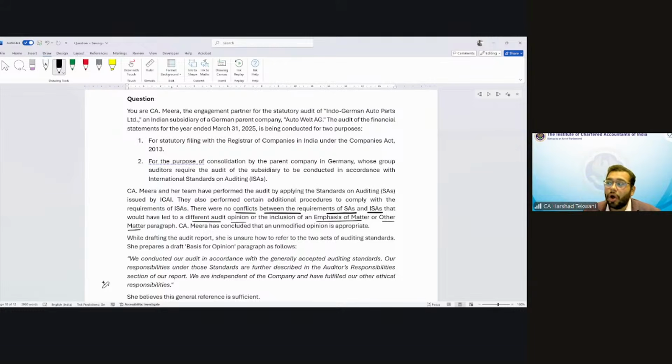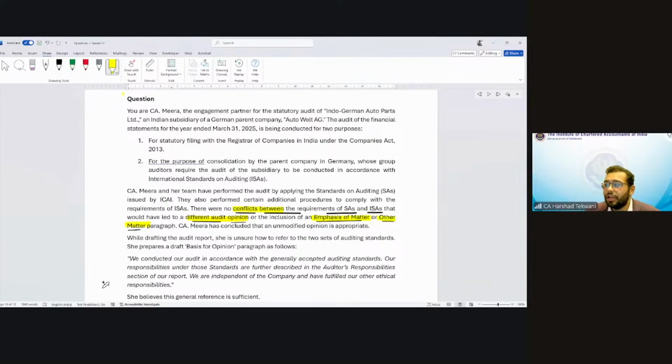So in this case, the auditor's report may refer to the SA in addition to the ISA, or auditing standards of another jurisdiction, but only and only if these conditions are satisfied. First, no conflict. Second, no different opinion. Third, no EOM or OM paragraph. Fourth, an important condition is the minimum set of elements of the audit report.